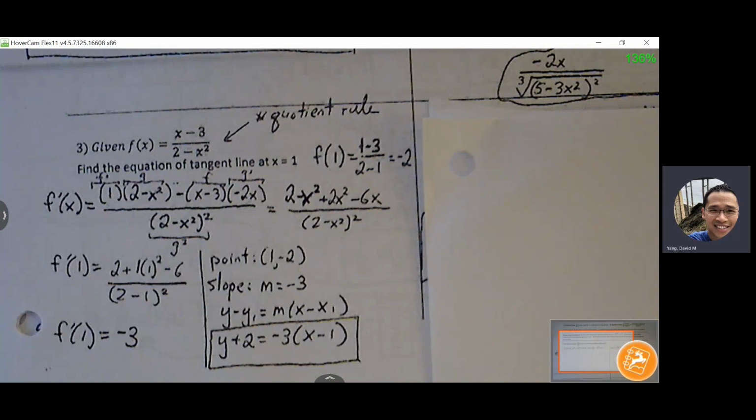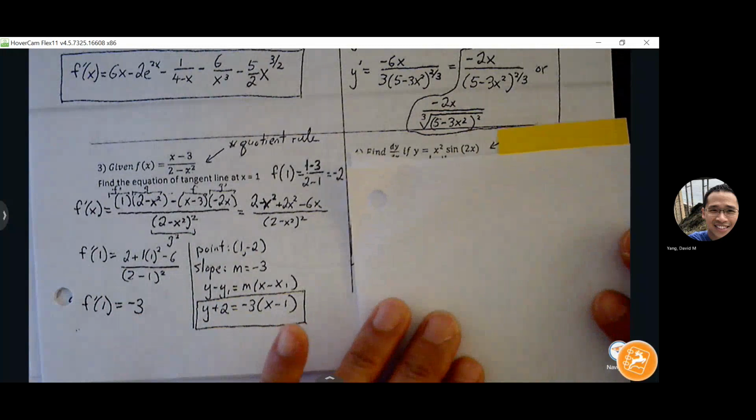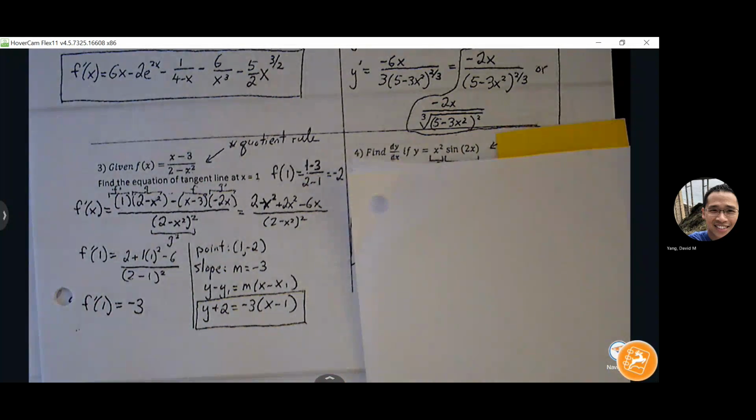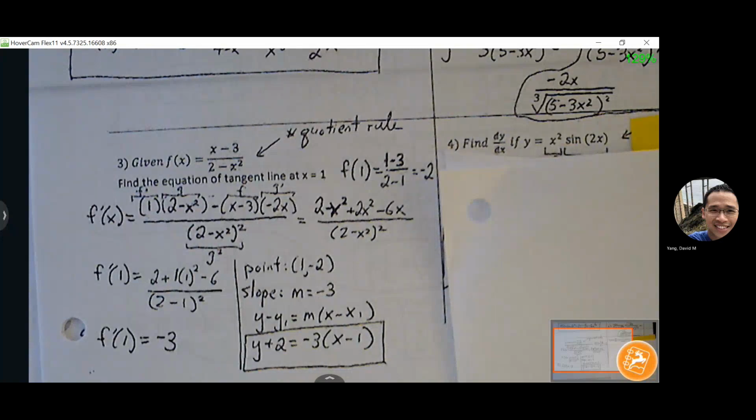Ordered pair comes from the original equation, and then my slope form. Any questions with 3?